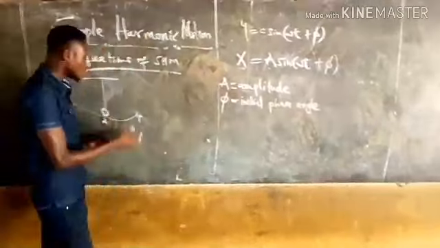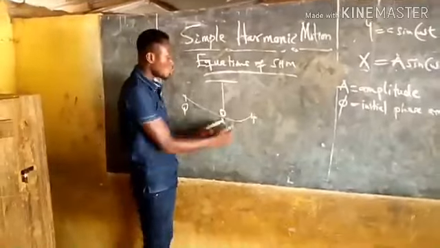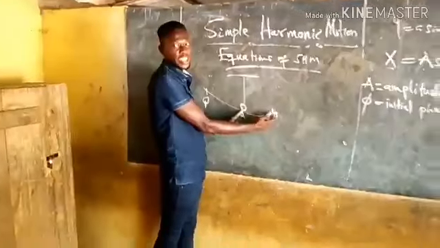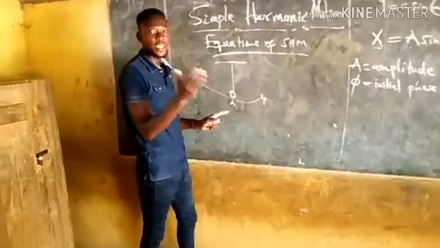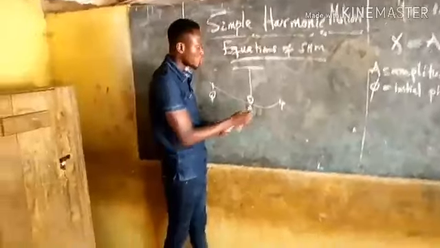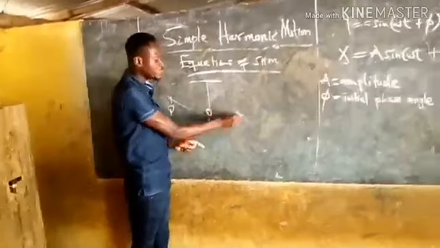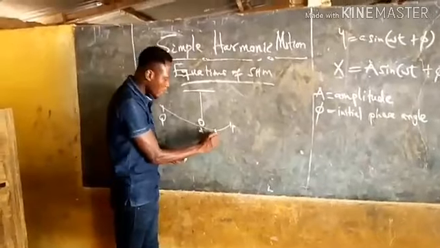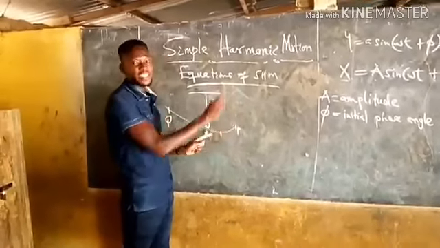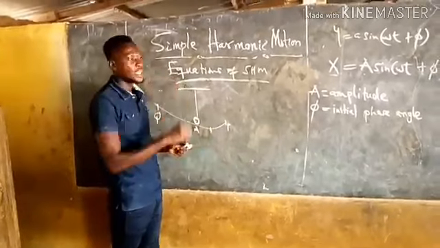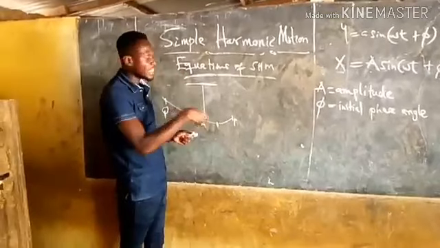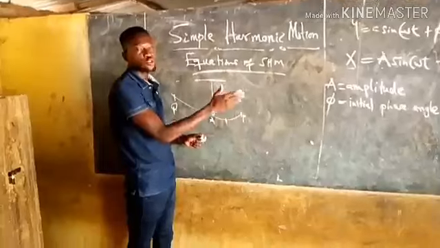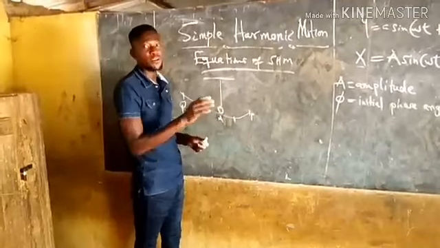If you come back to this diagram, this is the total displacement covered, but it can happen that the body will be found within this path before it gets to the highest point. So the point within a complete cycle is called phase, and the angle formed at that point is known as phase angle. So how do we deduce the formula for a phase angle?